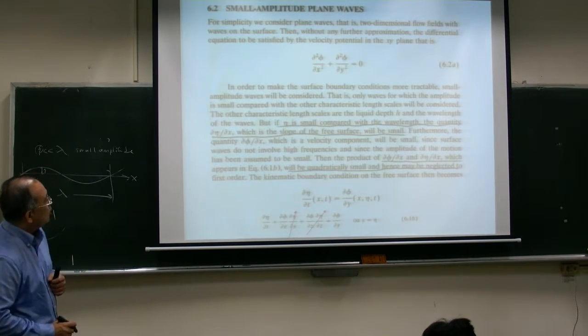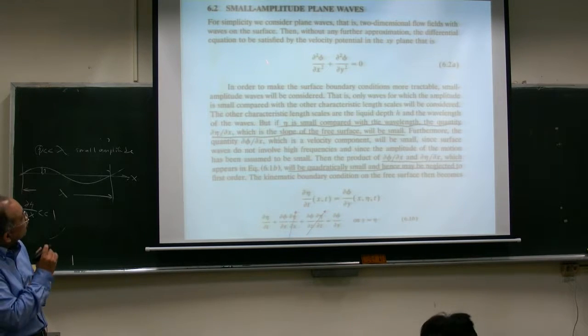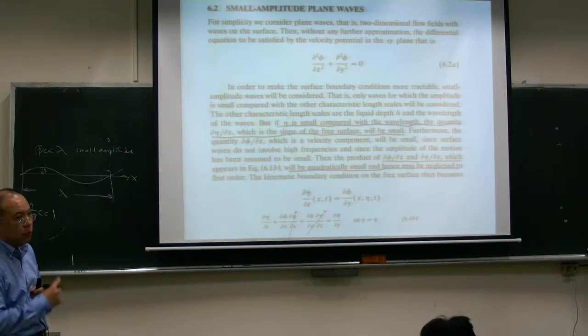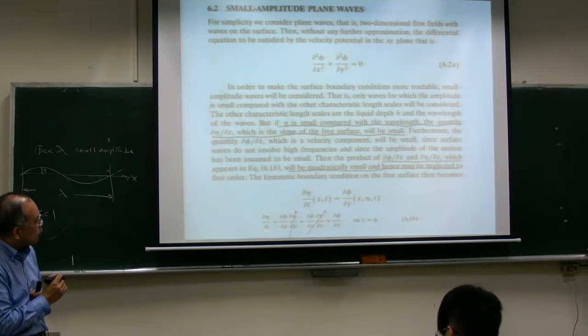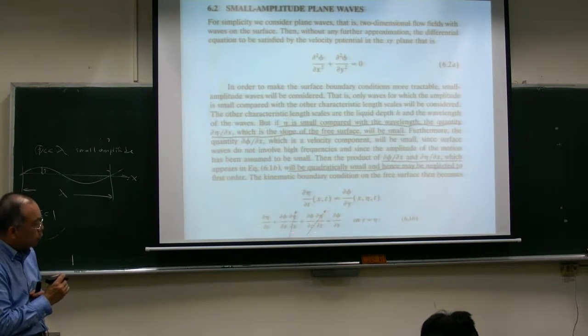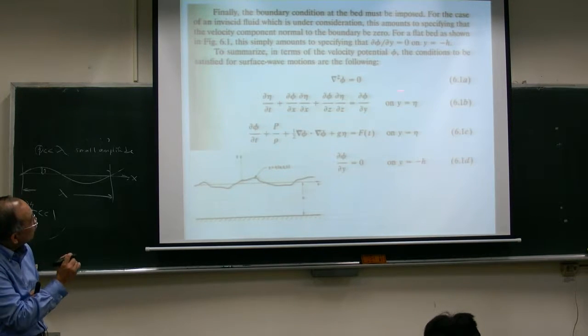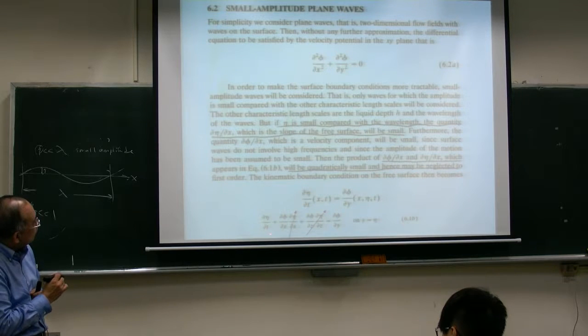So if we apply this small amplitude assumption to the boundary condition, this is the so-called kinematic boundary condition we just introduced. We copy it here. Partial eta, partial x is small, so this term can be dropped.